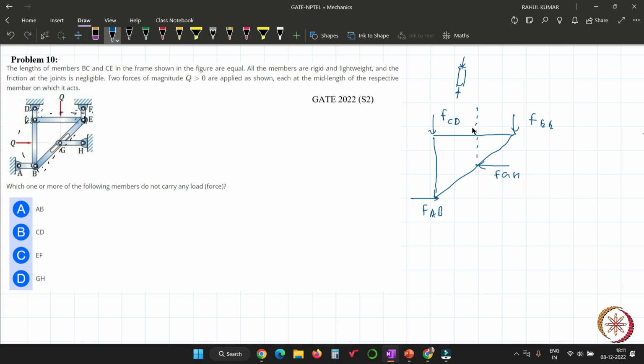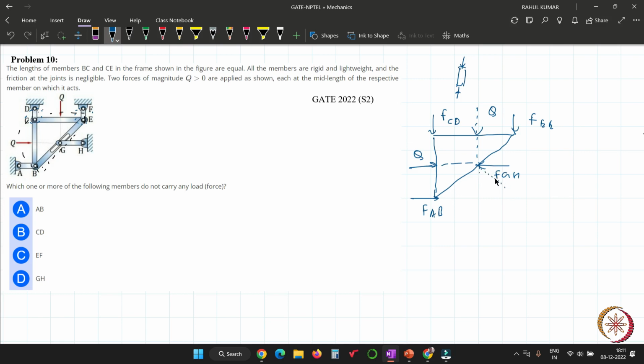And there are two more forces, that is Q and Q here.